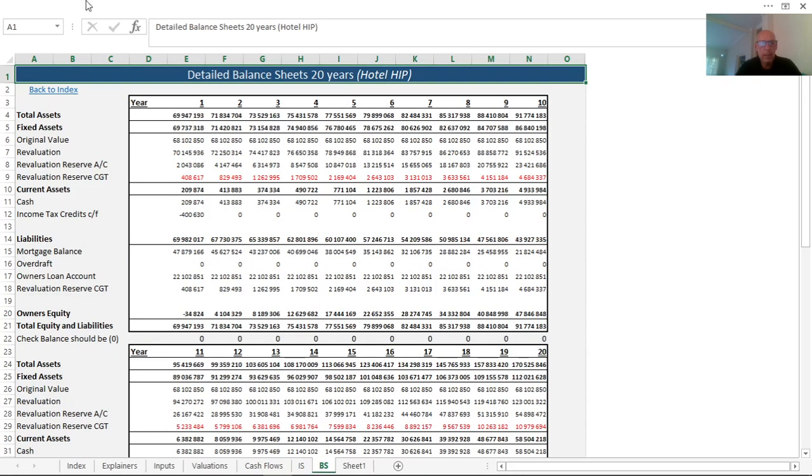Then you've got your 20-year balance sheets. The important aspects here are your original valuation, the revaluation reserve account, and your capital gains tax obligation if you exit the investment.